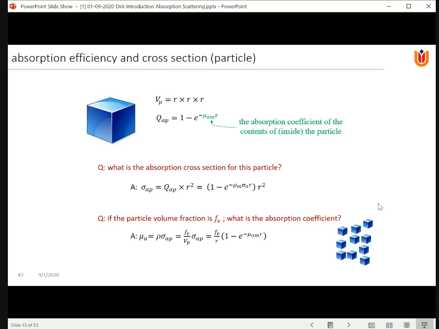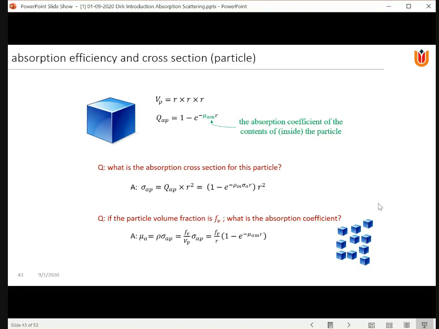We also, in that brief sidestep, said, okay, but we can also write rho, if that is more convenient, as the ratio of volume fraction F and the particle volume Vp. So in the second step, I make that substitution. I substitute rho with Fv over Vp. And then basically all I need to do is combine it with the equation in the first question on this slide.